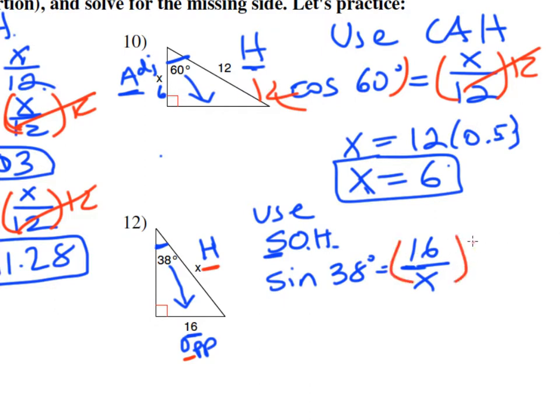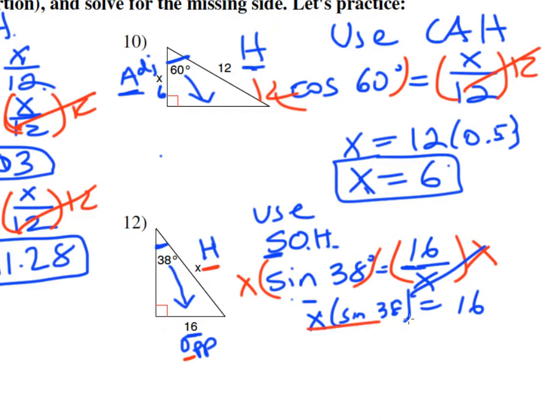Can we multiply by x? And we get x times sine 38 equals 16. To get x by itself, we'll just divide by sine 38.